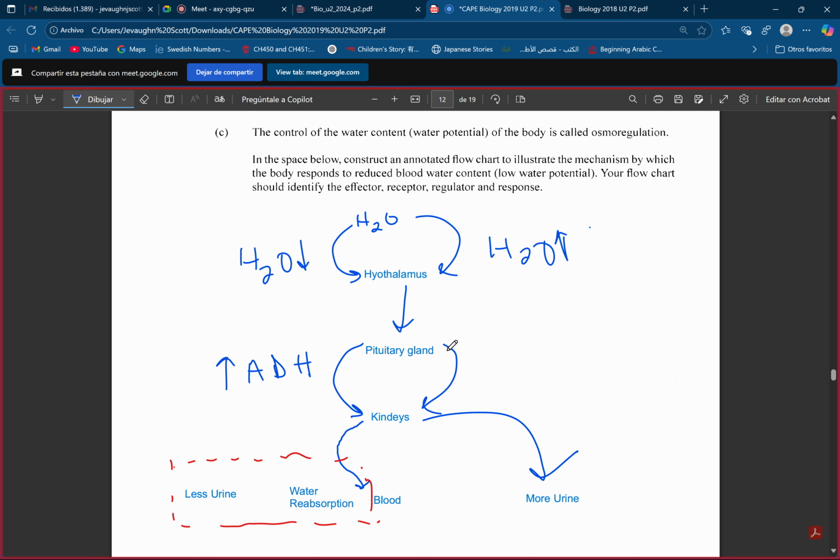Then through the pituitary gland we're going to have less secretion of ADH, and that will cause the kidneys to decrease their permeability to water, stopping aquaporin action, and it allows more water to be released as urine.